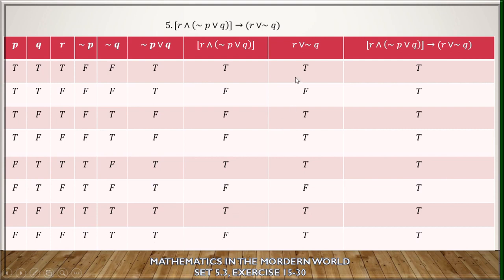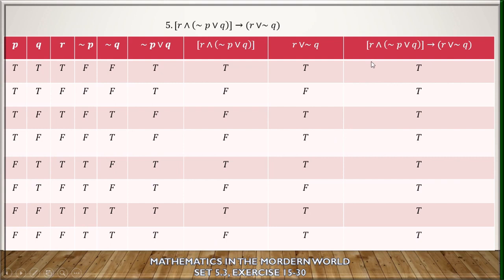For the disjunction of R or not Q: true, false is true, false, false is false, true, true is true, false, true is true, true, false is true, false, false is false, true, true is true, false, true is true.